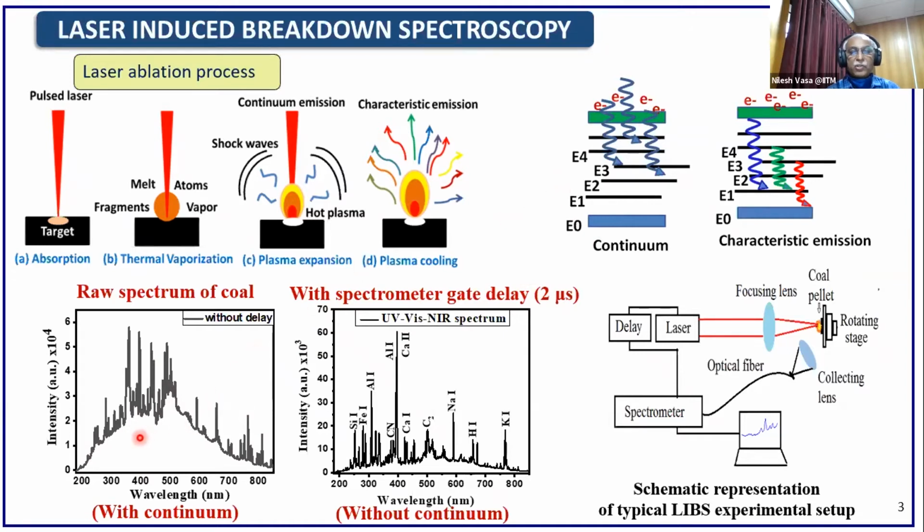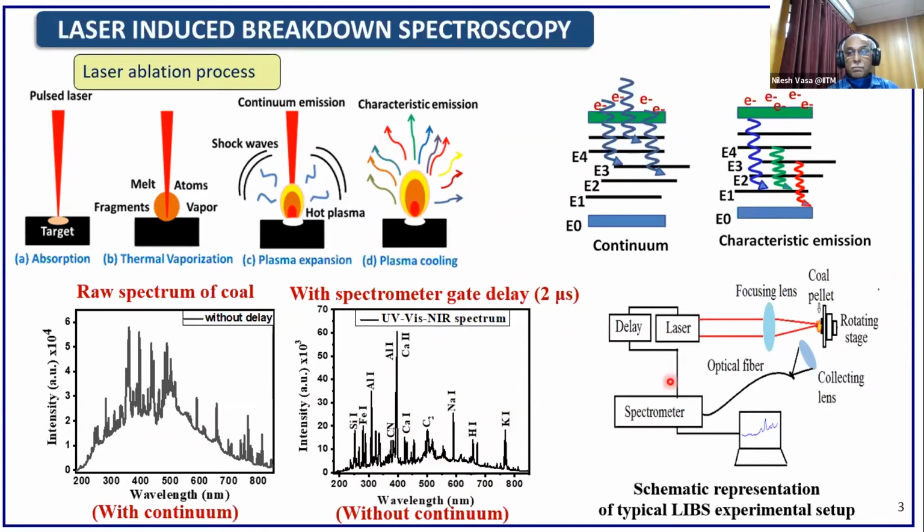However, after a few tens or hundreds of nanoseconds, depending upon the type of laser ablation, what we see is the characteristic emissions of some of the elemental lines which are present in this material, and those specific emission lines basically represent the signature of the elements present in this material.